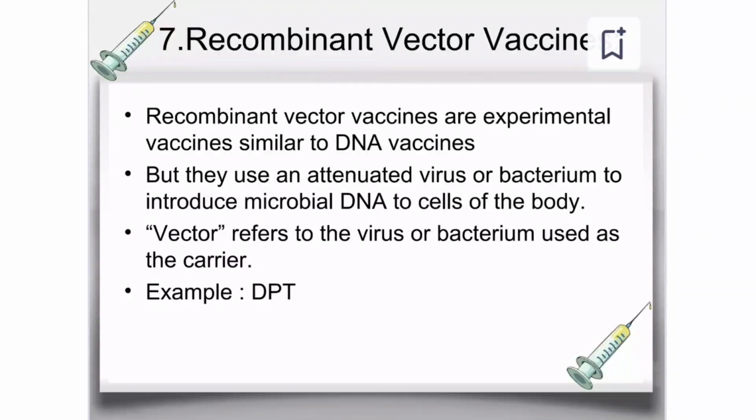They are more or less related to DNA vaccines. But they use an attenuated, that is weak, virus or bacteria to introduce microbial DNA to cells of the body. Vector refers to the virus or bacteria used as the carrier. Example, DPT vaccine.